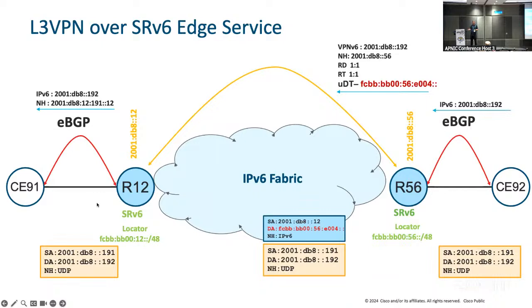I have a locator, I have SRv6, and I have BGP running between router 12 and router 56.